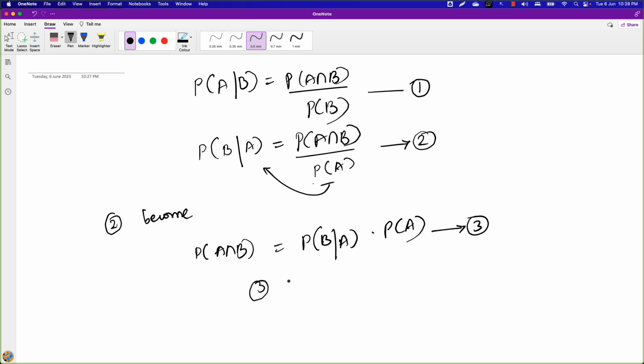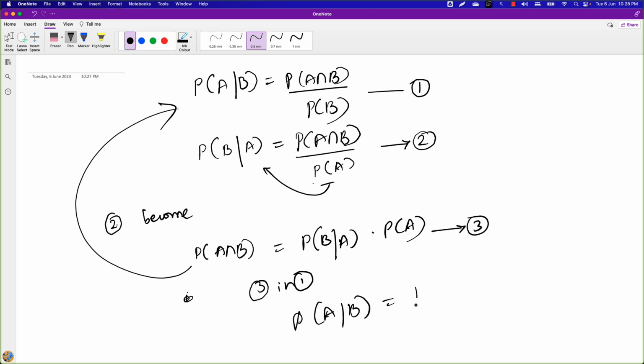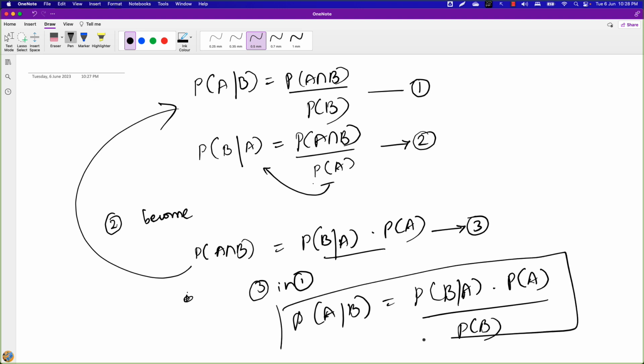Now if I substitute 3 in equation 1, then this becomes the probability of A given B is equal to the probability of B given A multiplied with the probability of A divided by the probability of B. So this formula that you see right now is the formula that we call the Bayes theorem.